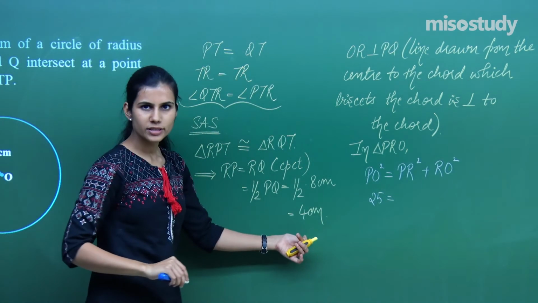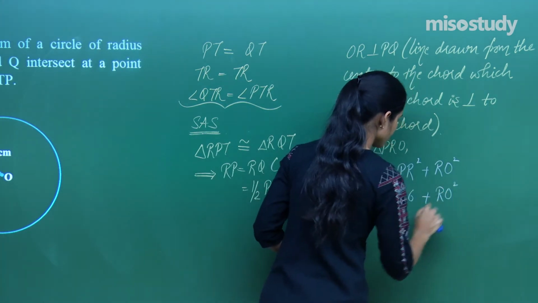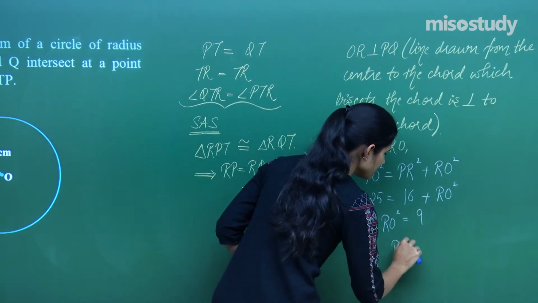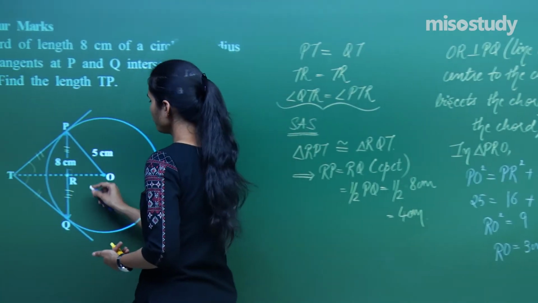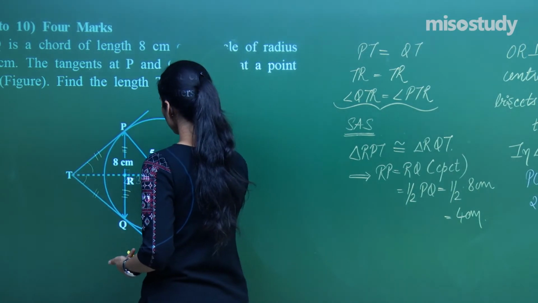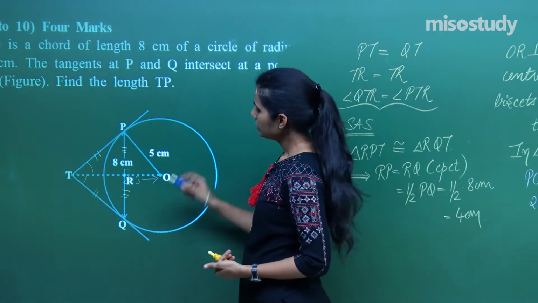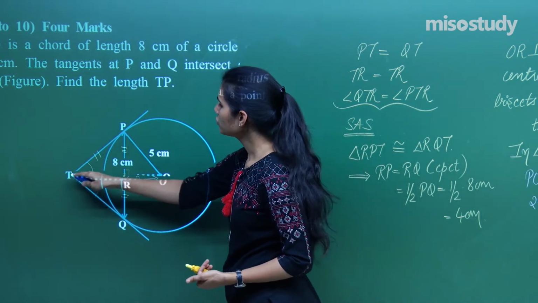PR is 4 centimeters, so PR square is 16 plus RO square. So RO square is 9, RO is 3. So you have RO of 3 centimeters.